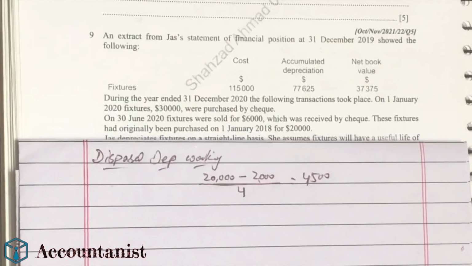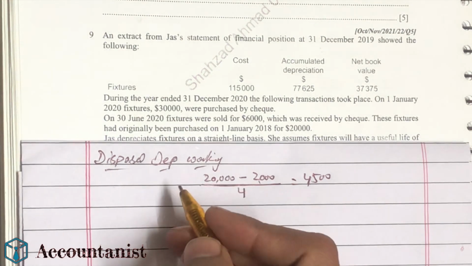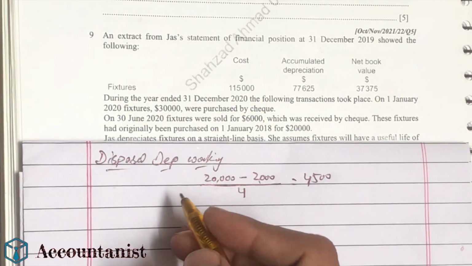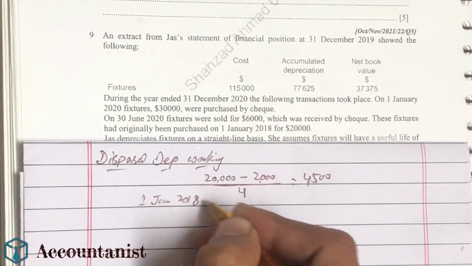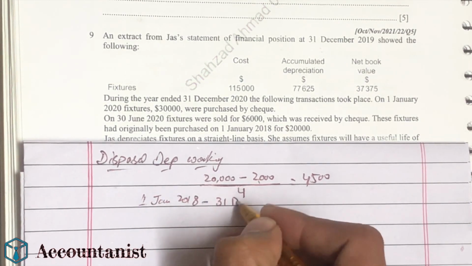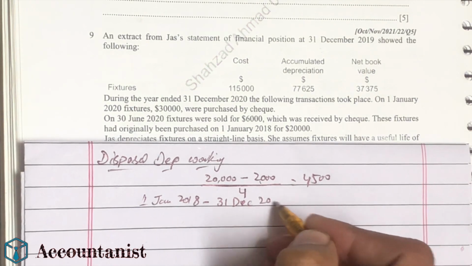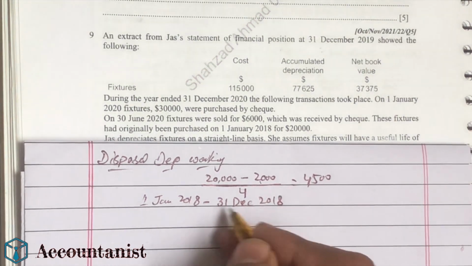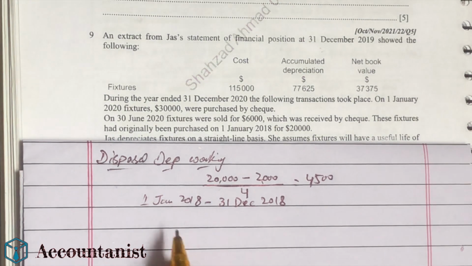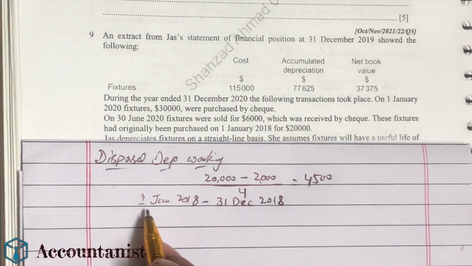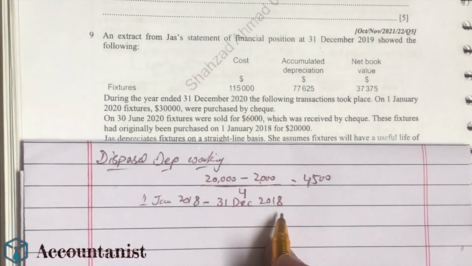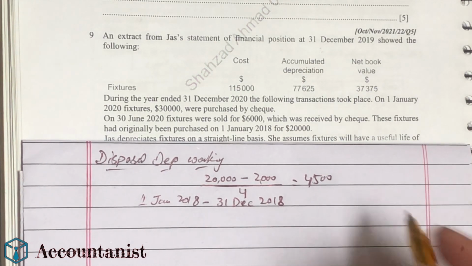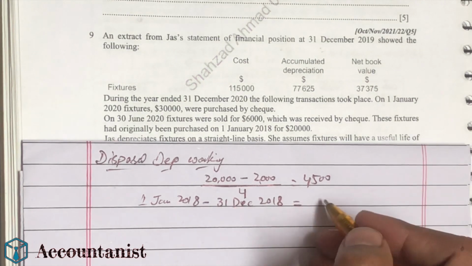As we purchased this asset on 1st of January 2018, year 1 will start from 1st January 2018 till 31st of December 2018. I have seen some students get confused because they write down 1st January 2018 and 31st of December 2019. So be very careful with the dates while solving depreciation questions.